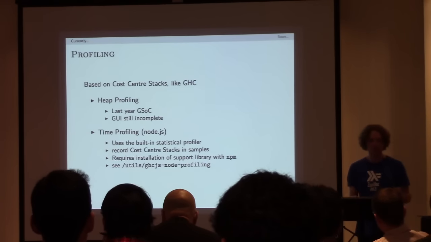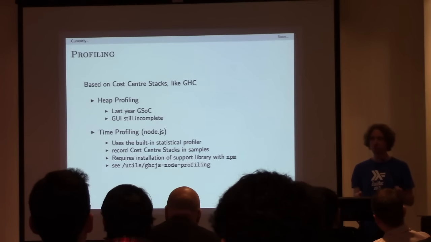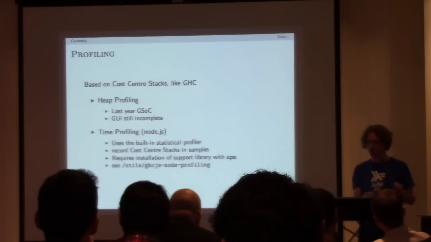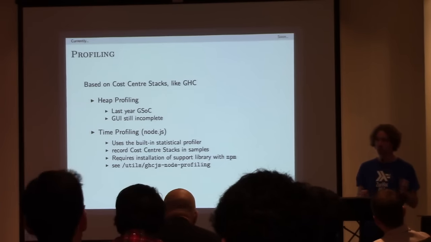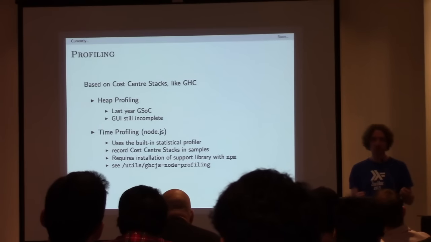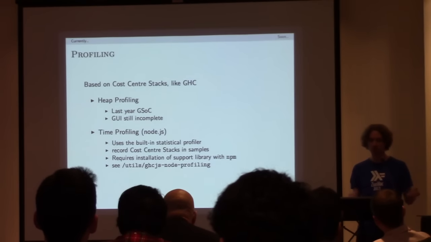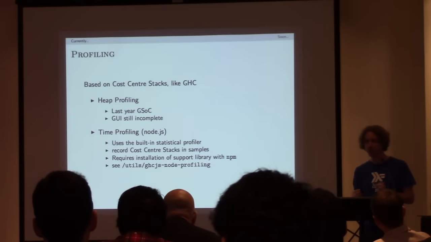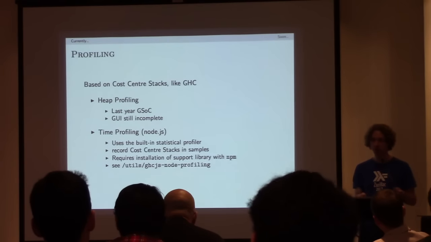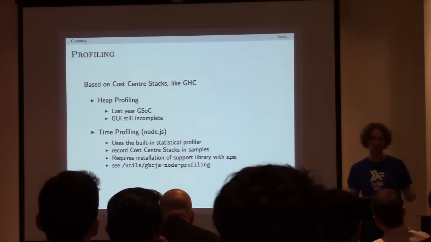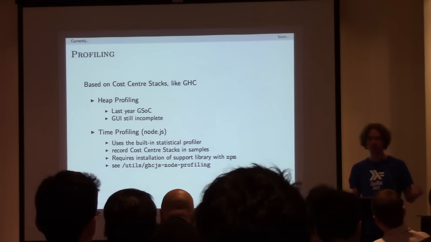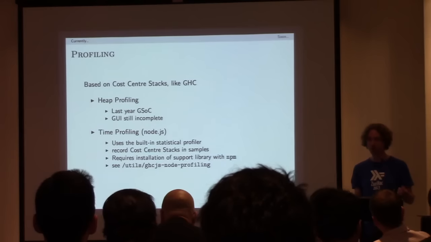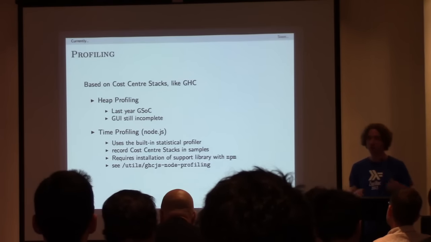The reason is that it uses the built-in statistical sampling profiler from the V8 engine, which takes a sample of the current instruction pointer and call stack every millisecond, records that in a log, and it has a log analyzer to get your profiling report. The GHCJS time profiling is built on that.